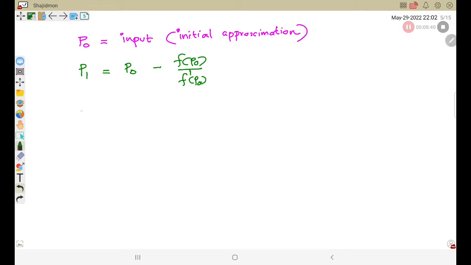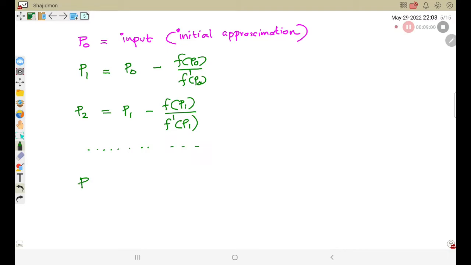Now once you have p1, you can go to p2. p2 equals p1 minus f value at p1 divided by f dash value at p1, correct? f dash of p1. Like that we continue. We find p3, we find p4.